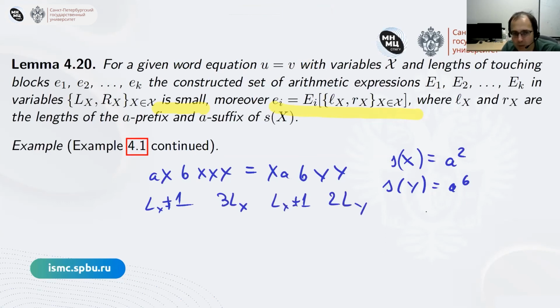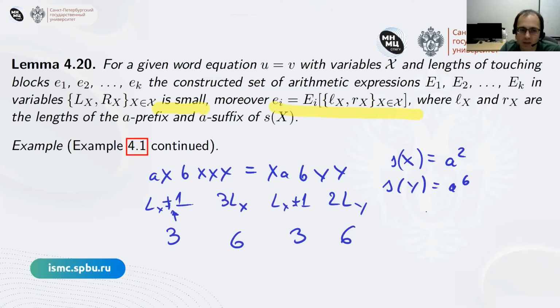If we substitute into those arithmetic expressions the values of the prefixes and suffixes, then this would be 3, this would be 6, this would be 3, this would be 6, and those are exactly the lengths of the maximal a blocks inside of this equation under this substitution.